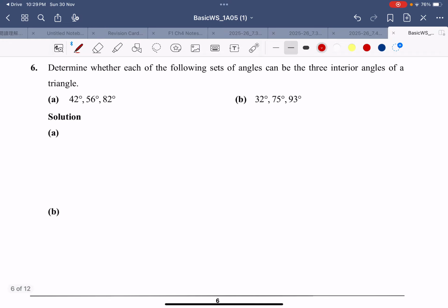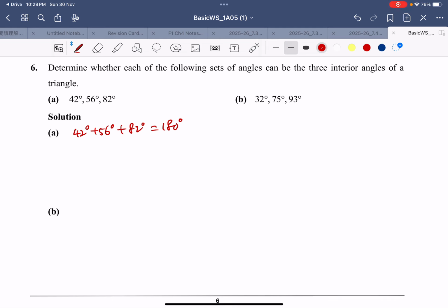And you are going to determine whether each of the following sets of angles can be the interior angles of a triangle. So let's check it. If they add up to 180 degrees, then this set can be the three interior angles.